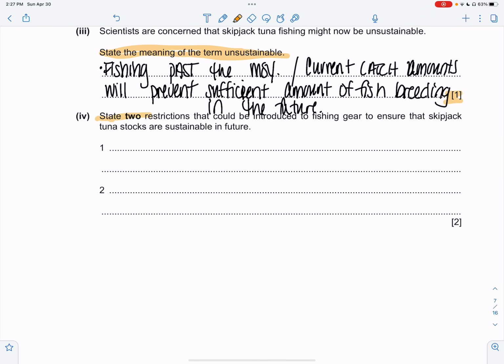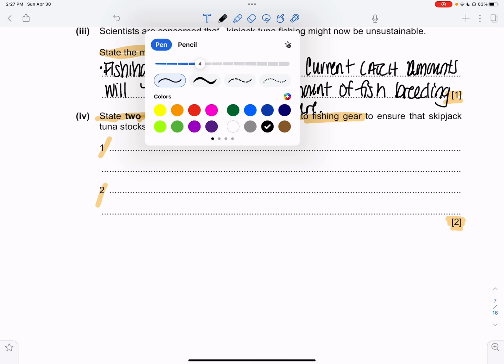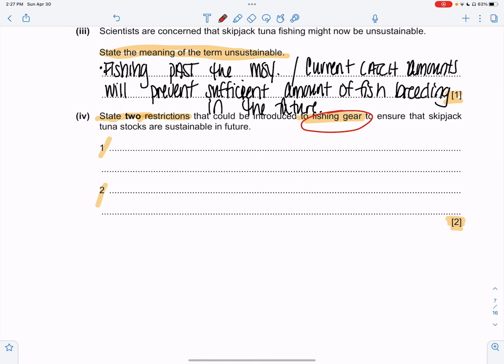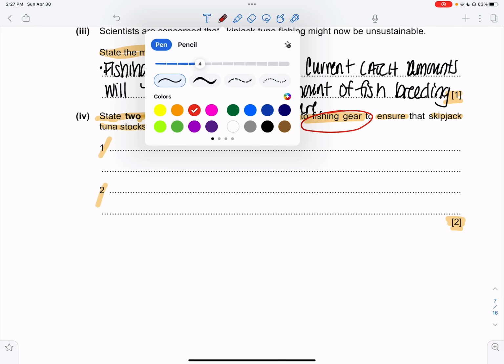State 2 restrictions that could be introduced to fishing gear. Only the first 2 will be graded. So we're not talking about quotas or, I don't know, it's not gear. I was going to say maybe forcing them to have an e-license, but this is going to be limits on their gear.